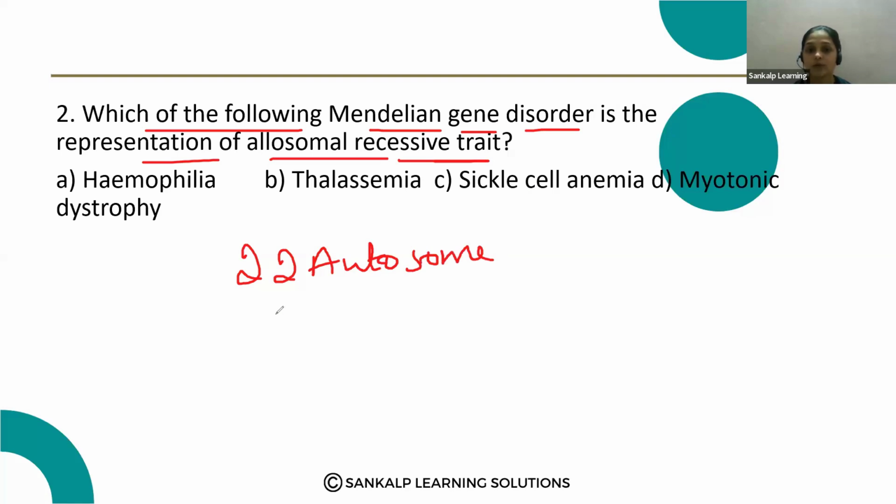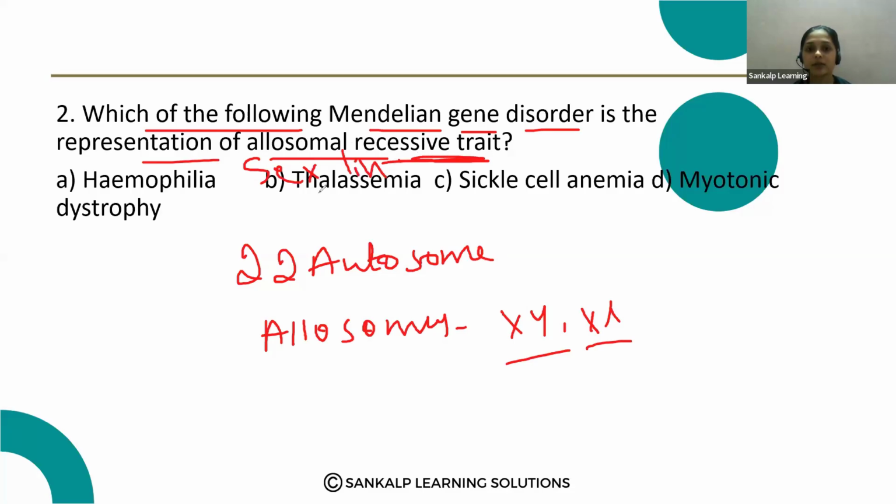So 22 pairs of chromosomes are called autosomes, and one pair is called allosomes. Allosomes are XX or XY. So here allosomes means sex linked. Allosomes means sex linked recessive disorder.